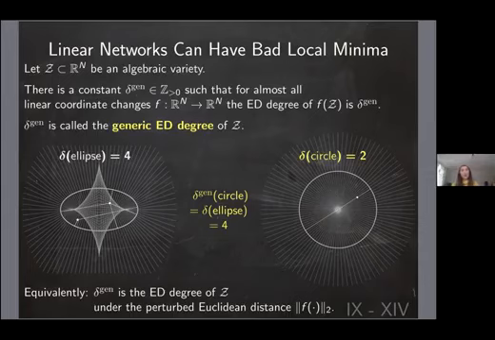You no longer have the standard quadratic loss, but a perturbed version of Euclidean distance. And then the whole story changes drastically. It's not just the number of critical points that changes from the algebraic geometry perspective; it is the whole geometry of the optimization problem. In particular, there will be bad minima whenever you do that.